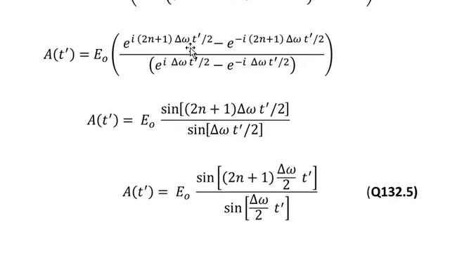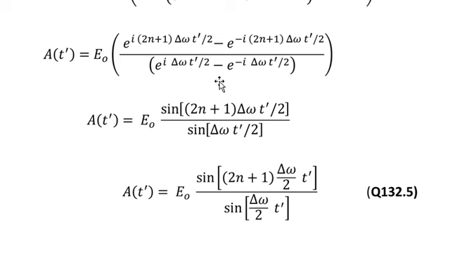So you see that in the numerator, you can divide these two terms by 2 iota. Similarly, you can divide the denominator by 2 iota. And then you can write the numerator as sine of (2n plus 1) into delta omega into t prime divided by 2.